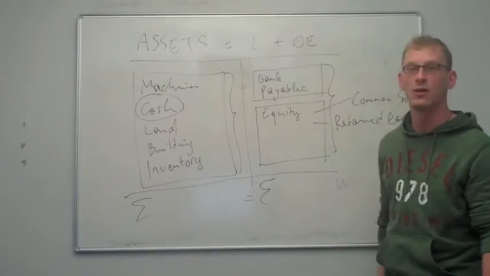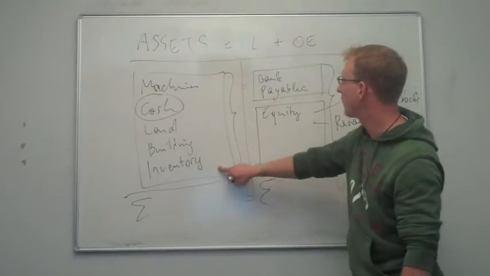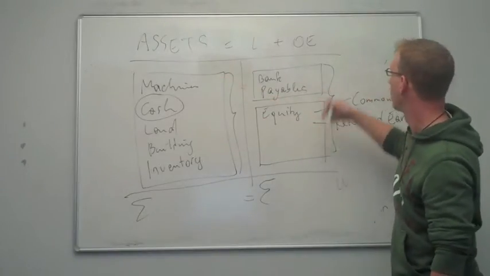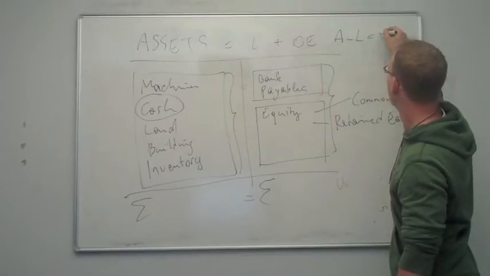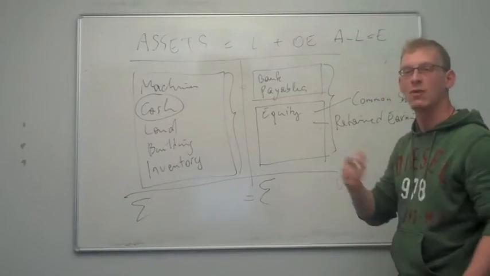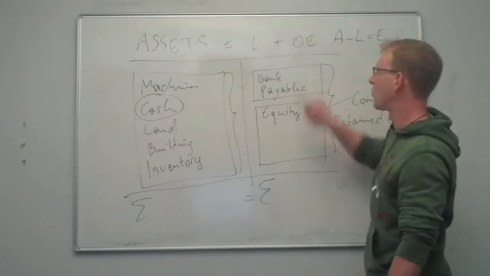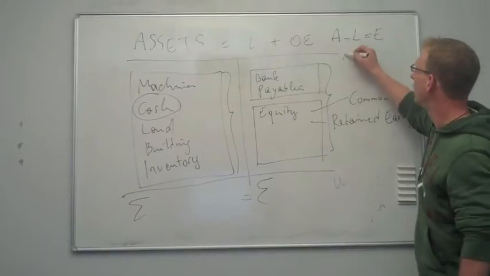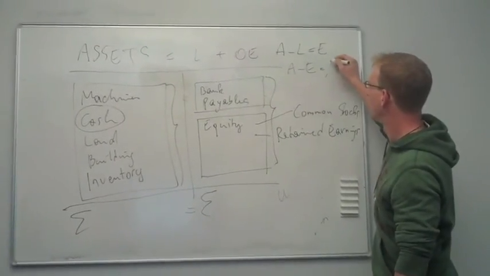If I want to figure out the equity, how can I calculate it? Assets minus liabilities equals equity. And if you know the assets and the equity and want to figure out the liabilities, that's also possible: assets minus equity equals the liabilities.